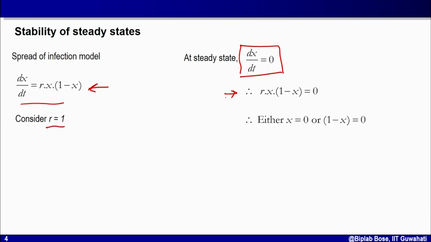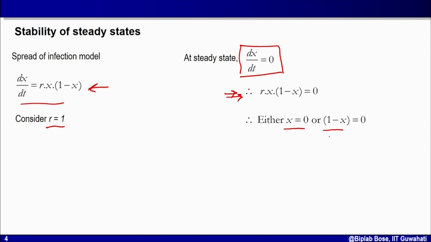That means using this relationship, this equation, r x (1 minus x) equal to 0, it is true if and only if x is equal to 0 or 1 minus x equal to 0. So both of them are possible, either or.